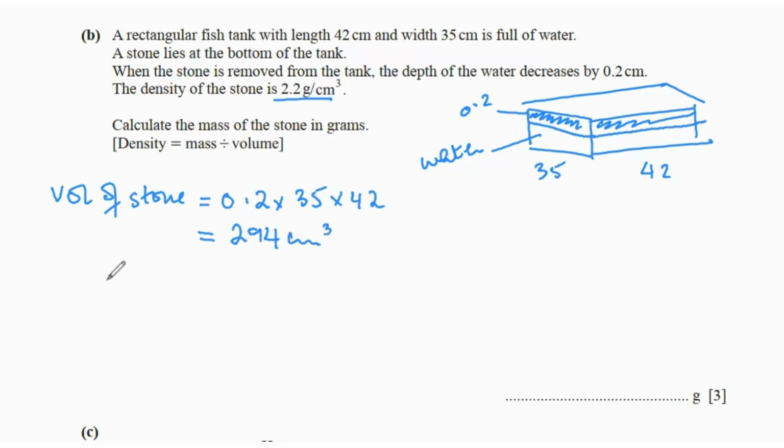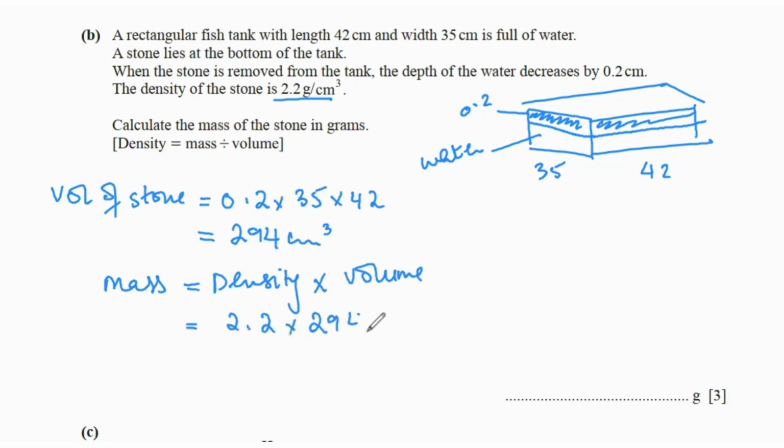Then to find the mass, we do density times volume. Density is 2.2, volume is 294. Multiply the two, and you should get 646.8 grams. That is the mass of the stone.